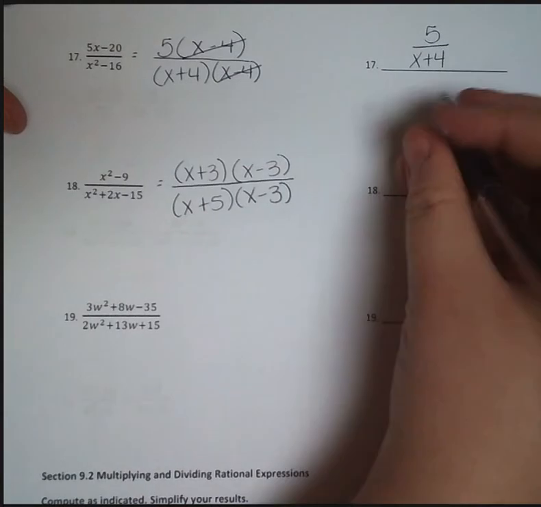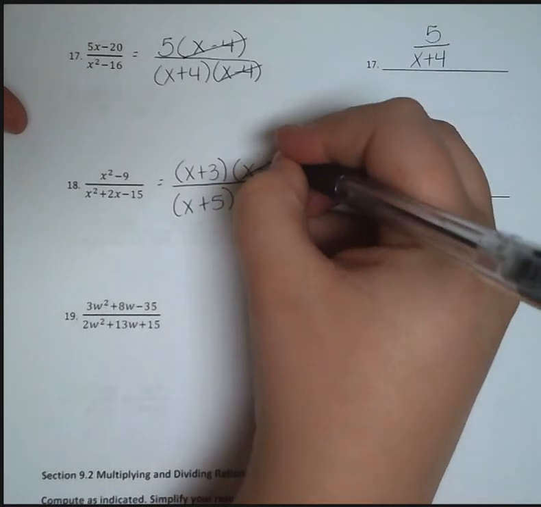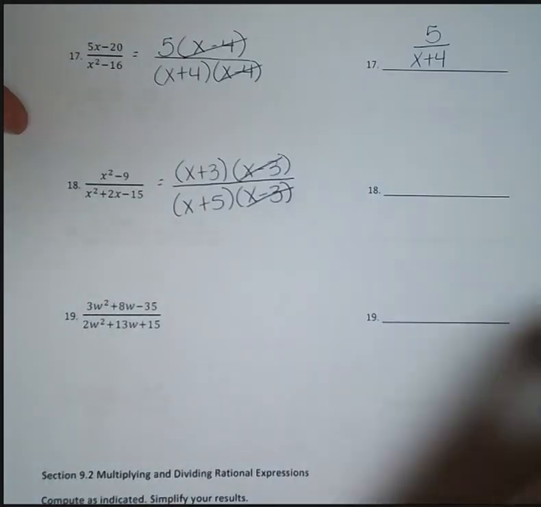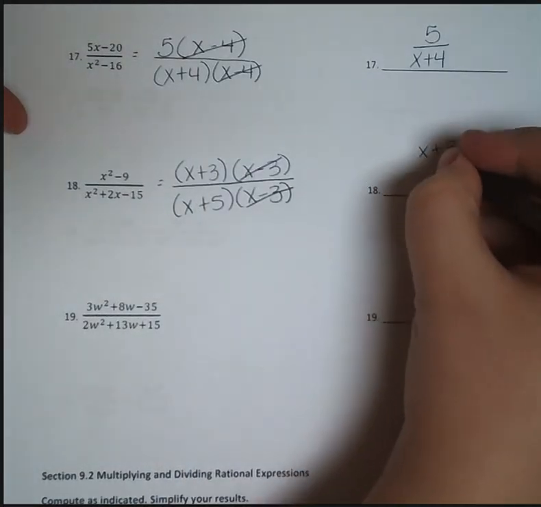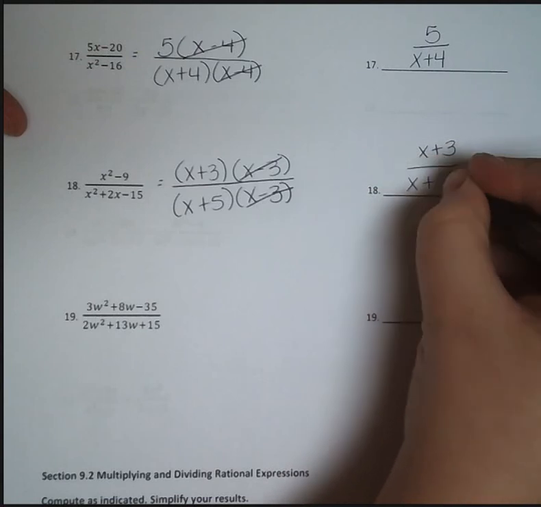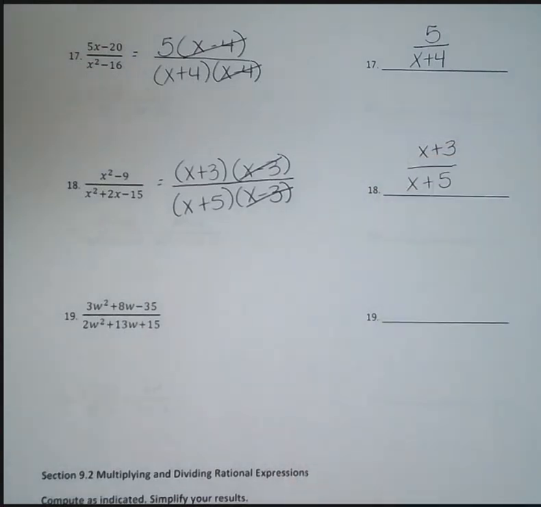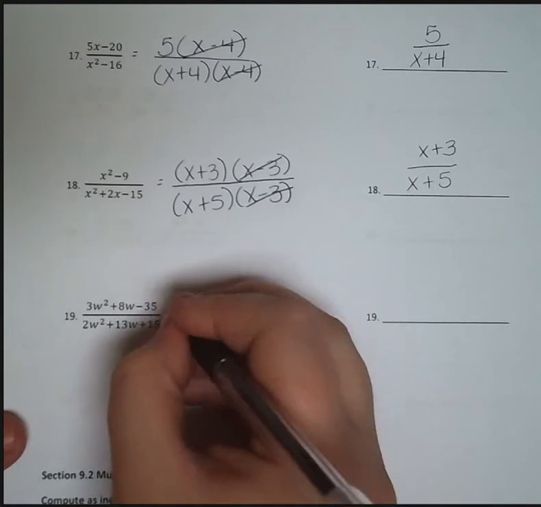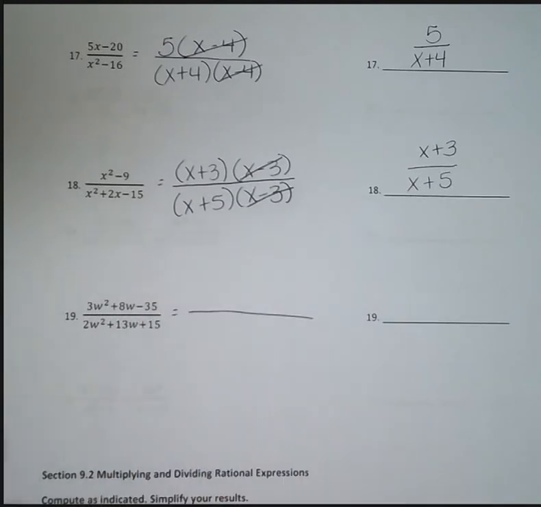So our x minus 3's will cancel, leaving us with x plus 3 over x plus 5. You can either leave the parentheses on those numbers if that makes you feel more comfortable, or you can not include them like I'm doing here. It's up to you.